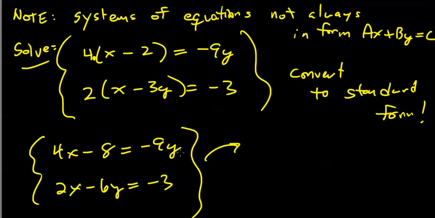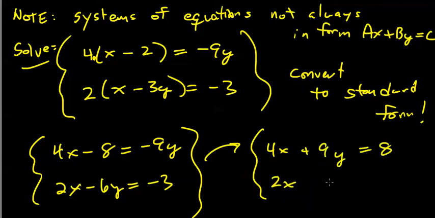I'm going to add 9y to both sides and add 8 to both sides to get that first equation in standard form. Now watch me here. It's so easy to make a mistake. I get 4x plus 9y equals 8, and 2x minus 6y equals minus 3.